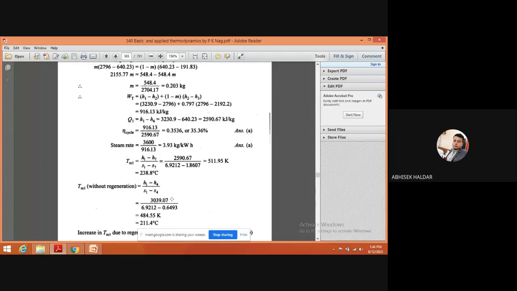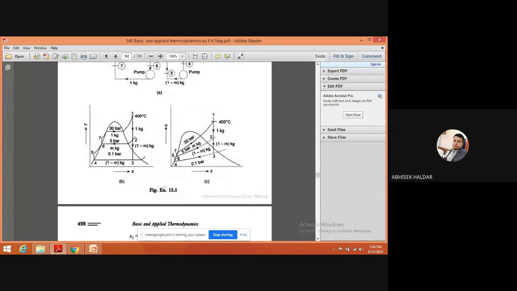H1 minus H4, the H4 point in this plot should be clear to you. In this problem, as we have to neglect the pump work, H4 and H5 are the same. But the confusion may arise if I have to take the pump work; then I have to take the value of H5.